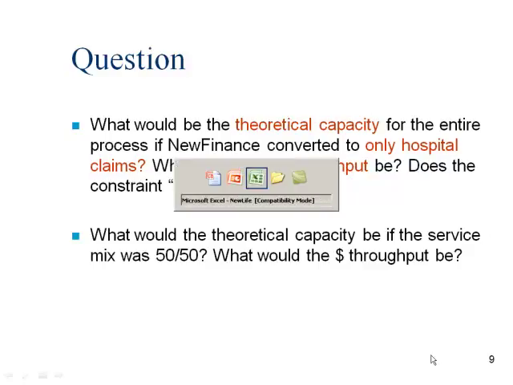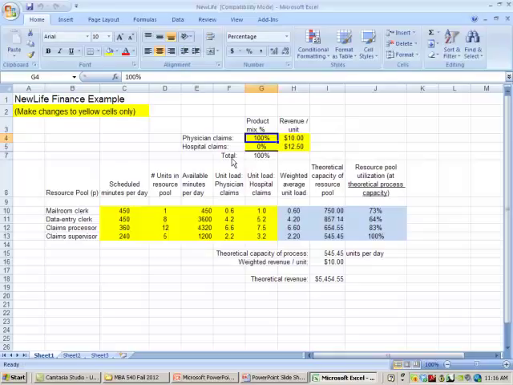Okay, so looking at our spreadsheet, first of all, I'm going to review it for the physician's claims. Let's assume for a second that we're simply dealing with physician's claims like we started. So they represent 100% of the product mix, and each claim we handle generates $10 of revenue. So here we have the mailroom clerk again, 450 minutes per day, one in the resource pool, total available minutes is 450.